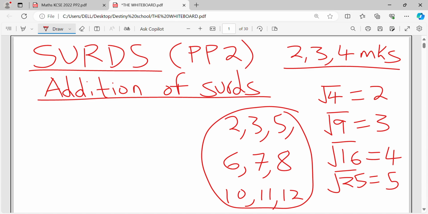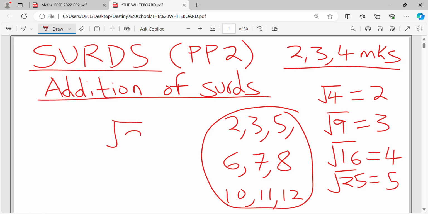So the use of Surds assists in accuracy, and it eliminates the error that might come as a result of the decimal points, because for you to get an accurate answer, you need to write many decimal places. For example, if you press root 2 on your calculator, you are going to find 1 point something, with many numbers next to it.